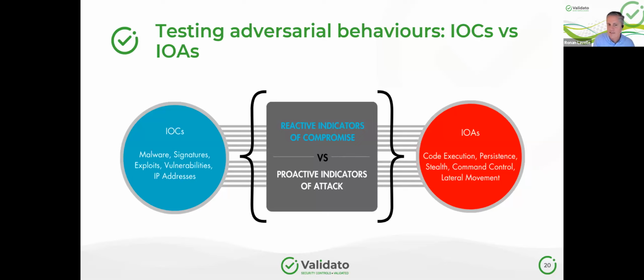It's historical data. What I'm going to show you here, when we're looking at cyber resilience testing, we very much respect things that have happened and activities like threat hunting, but we really want to look at this from a preventative perspective. So we're looking at things like indicators of attack rather than indicators of compromise.